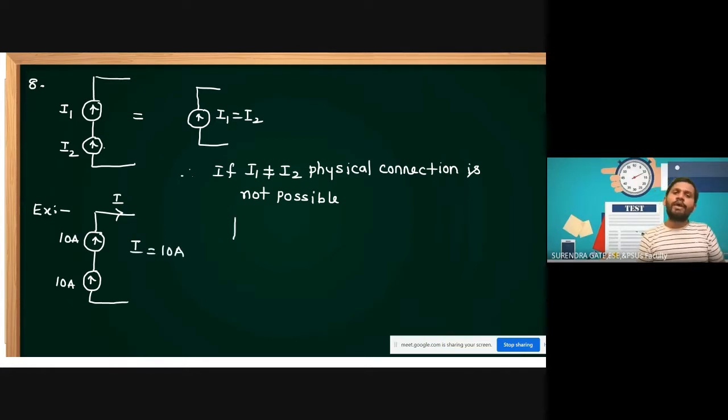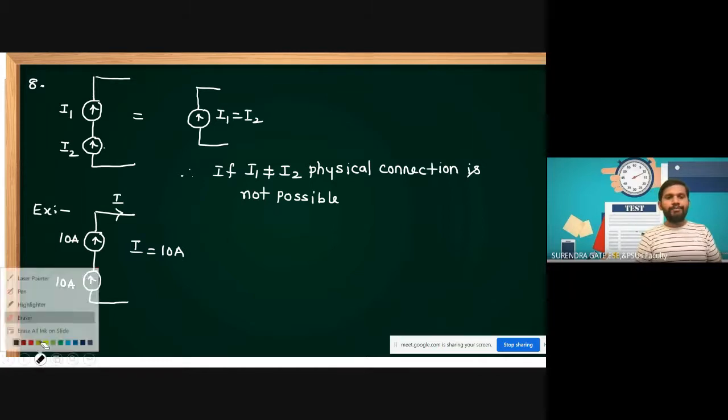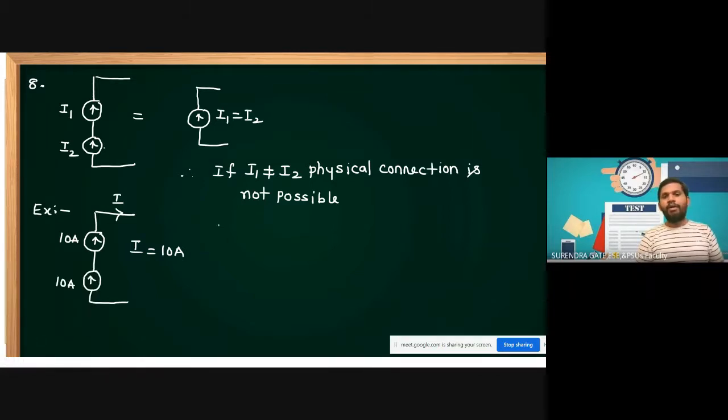One more example I am giving here. Take this one. Two current sources are connected in series. This is 10 ampere.